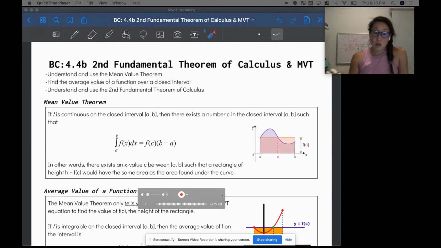Okay, so in other words, at some height between the a and the b value, we can draw a rectangle with that height and the change in x that would have the same area as the area under the curve. So in other words, the area of the rectangle is equal to the area under the curve.